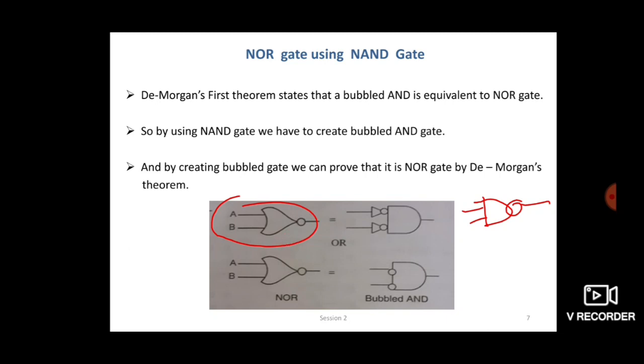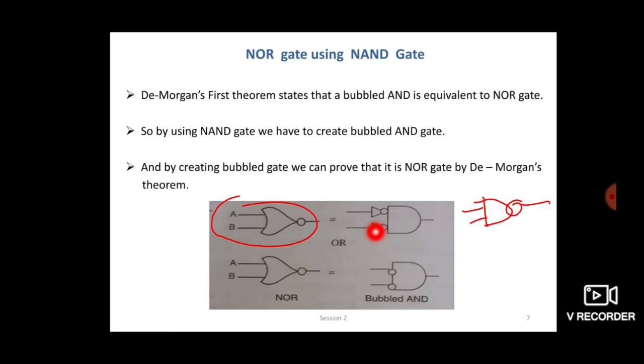So here we can't create the NOR gate directly, but at least we can create the bubbled AND gate, because we can use NAND gates. We can't create a NOR gate, but we can create the bubbled AND gate. So in this diagram, by creating the bubbled gate, we can prove the NOR gate by De Morgan's theorem. This is a bubbled AND gate.